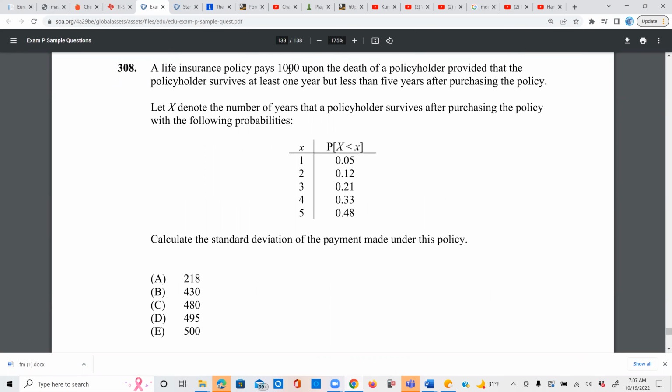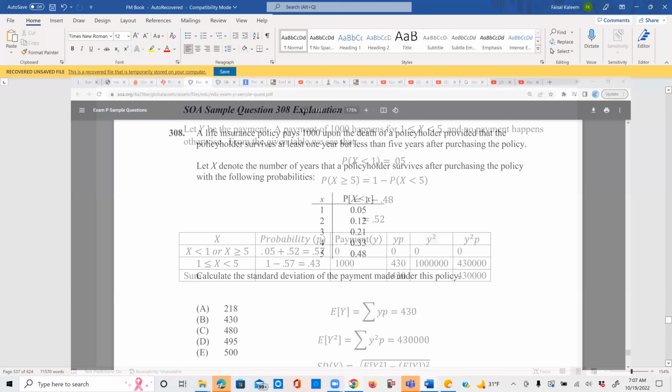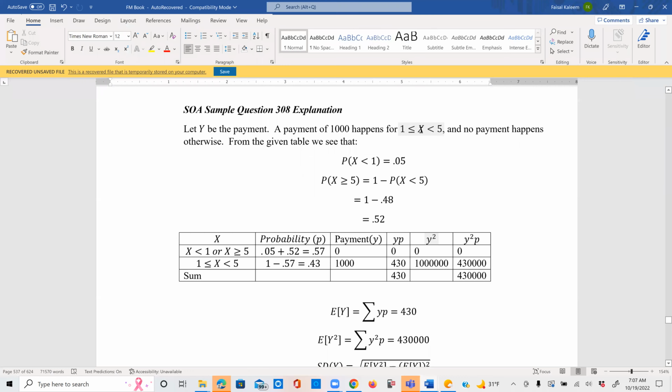And we are told that the payment of 1,000 happens only if he survives at least 1 year, which means X is greater than or equal to 1, but less than 5 years, which means less than 5. So that's why we have a payment of 1,000 when X is greater than or equal to 1 and less than 5, and no payment happens otherwise.